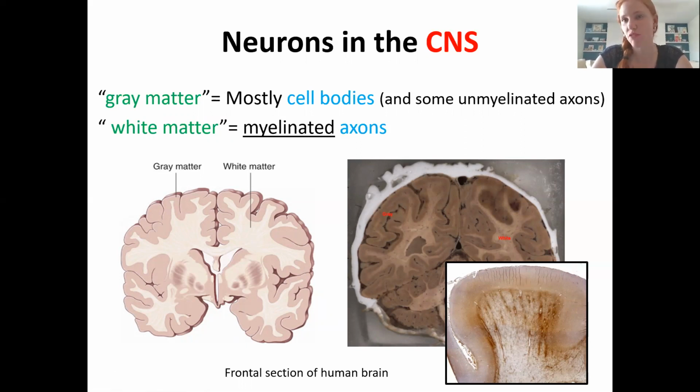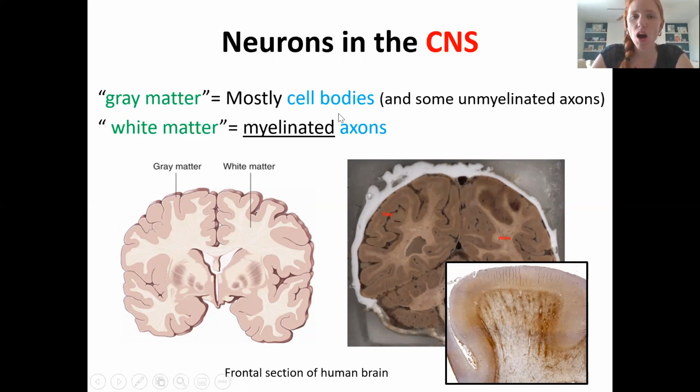If you've heard of that phrase, gray matter, when you look at the central nervous system, and especially the brain, you'll notice that there's two different colors here. There's two different tissue types. This outer part right here is called the gray matter, and this whiter part right here is called the white matter.